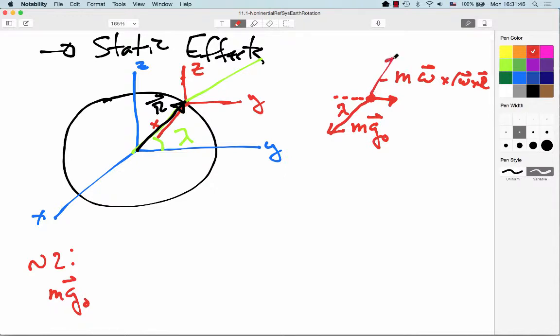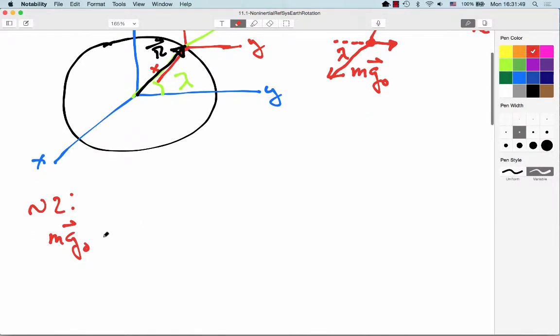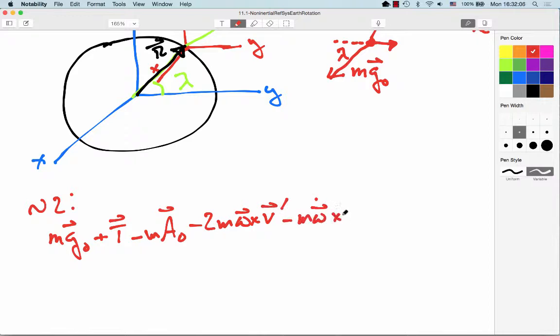So let me draw that in too. Plus a force of tension, minus m a naught, minus 2m omega cross v prime, minus m omega dot cross r prime, minus m omega cross omega cross r prime, and all of that is going to equal m a prime.